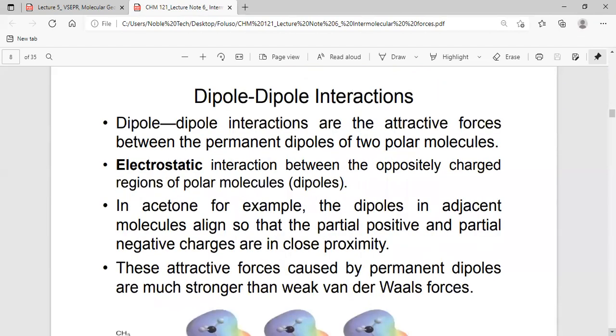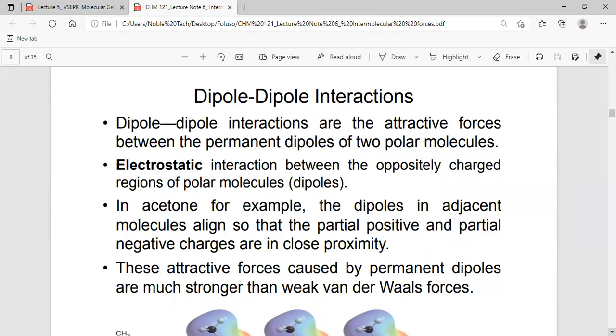So you can have a dipole-dipole interaction. In a dipole-dipole interaction, there is an attraction between the partially negative of one atom and the partially positive of the other atom. So it becomes like an electrostatic interaction. It's not a bond, but an interaction.